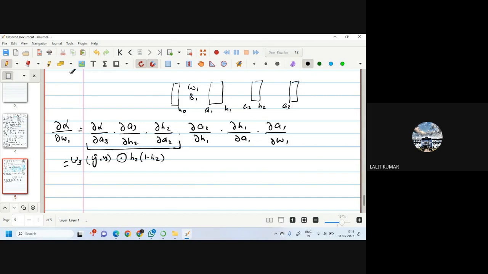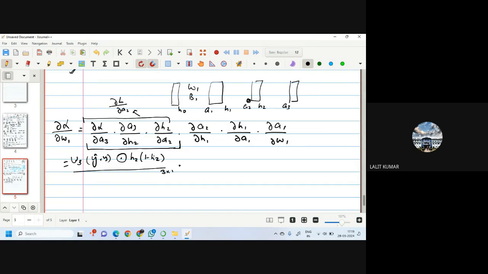This is the term, this we have calculated. And the size of this is 3 into 1. This we can write down as del L by del A2 also.